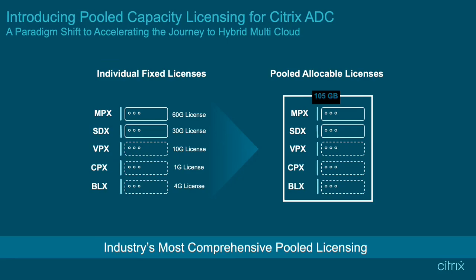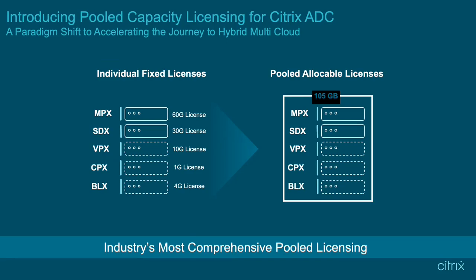As that pooled set of licenses now lives up in the cloud, we've got a single cloud-based resource that we can draw upon. So no longer do we have an MPX sitting in data center 1 with a large amount of bandwidth licensing, and another MPX with not enough licensing, perhaps in data center 2.